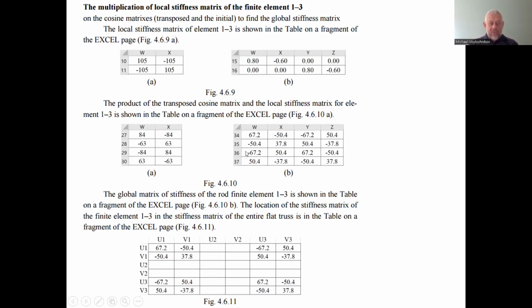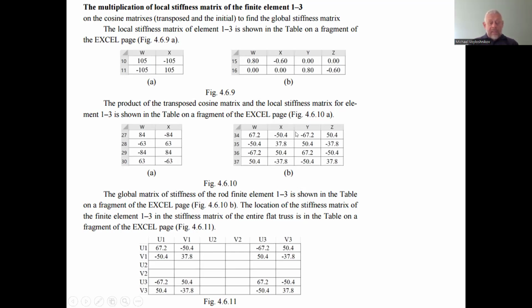So we have to use the segments of this matrix of the stiffness of the third finite element in the global coordinate system. This is a matrix. We have to take this first segment into the cells corresponding to the beginning of the first node, the beginning of the third finite element in the considered mechanical system.